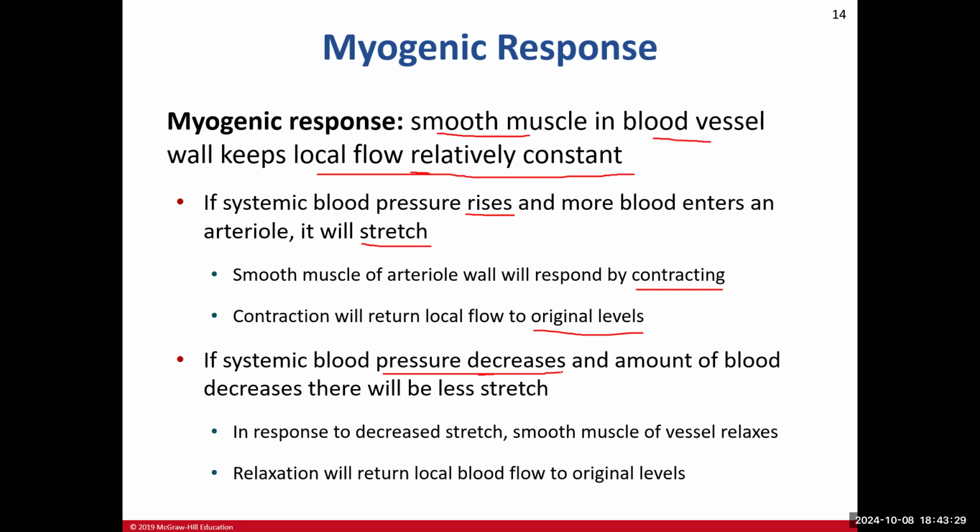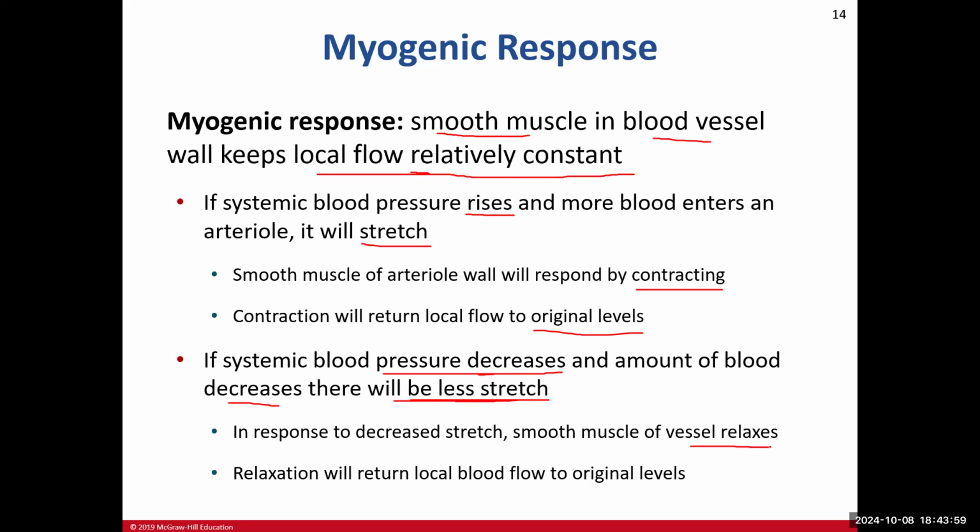Now we're going to see a decrease in the amount of blood flow, so we'll have less stretch on the blood vessel walls. In response to that, we're going to get vasodilation. Vasodilation causes the blood vessel wall to relax, and that will increase blood flow because we decreased the resistance momentarily. So again, we're going back to those constant, consistent levels.